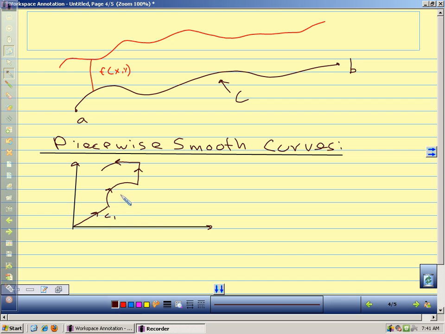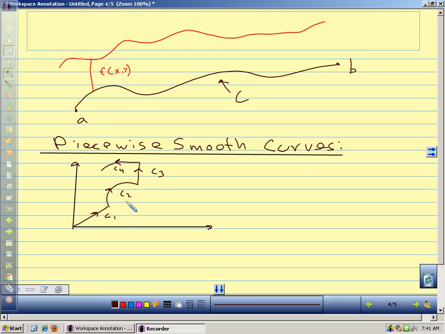We'll just divide this into C1, C2, C3, and C4. Each piece is smooth over a certain interval, and then we sum our line integrals over these four curves. So we can form a line integral over piecewise smooth curves just by breaking it into pieces.